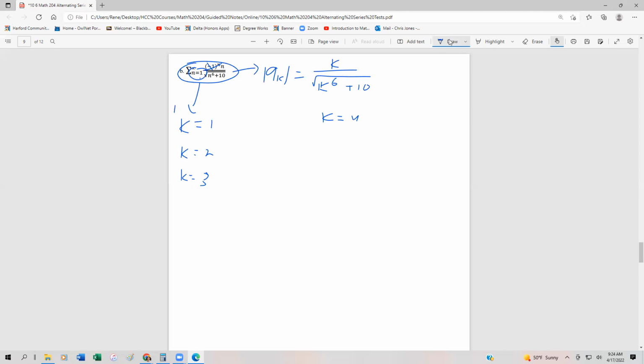Remember that's part I of our alternating series test. If I substitute 1 back in, that's pretty easy. That's going to be 1 over the root of 11.